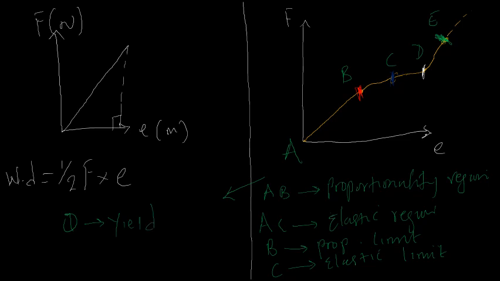At this point, the elastic material will have yielded all its elastic properties and would have literally become plastic. And then E is the fracture or breaking point. So that's all. Please take note of this.